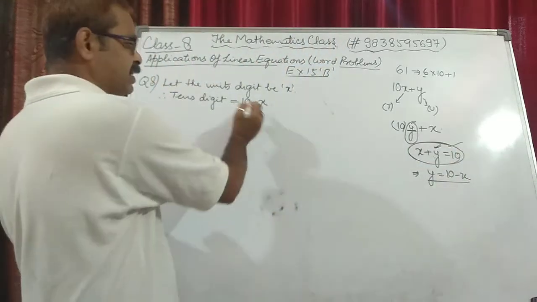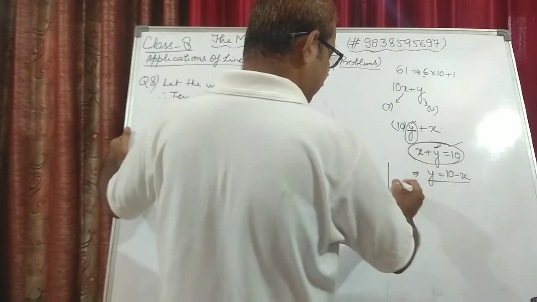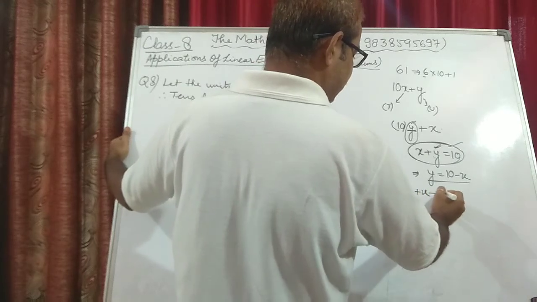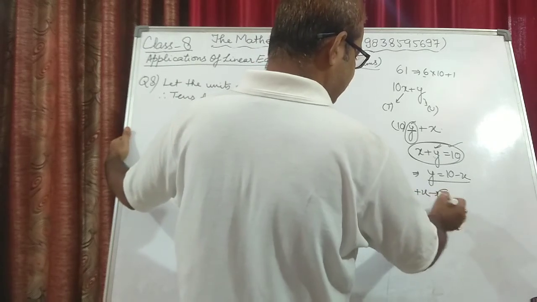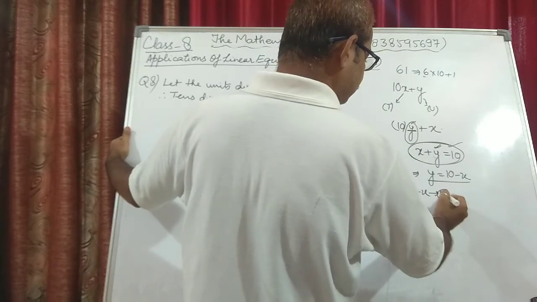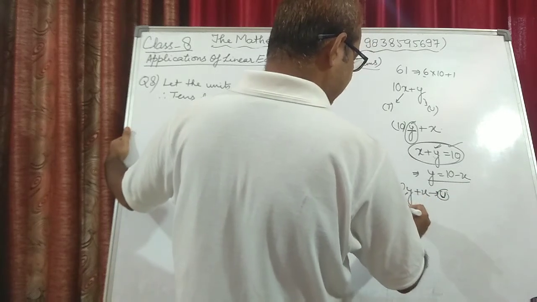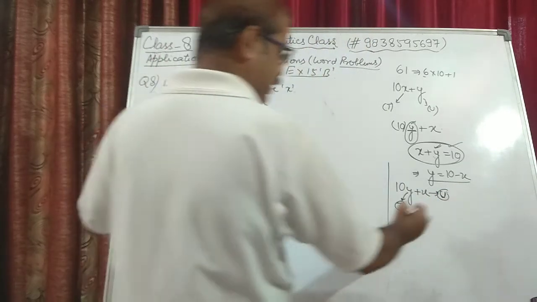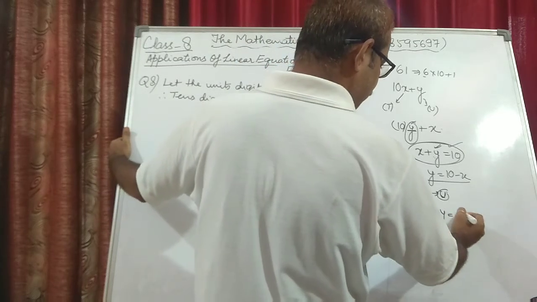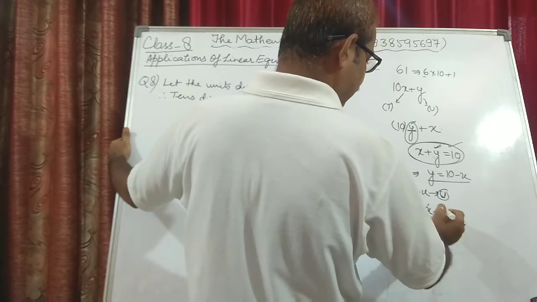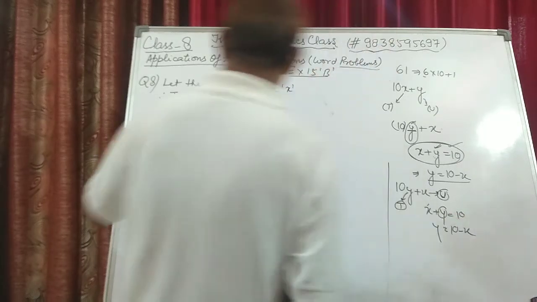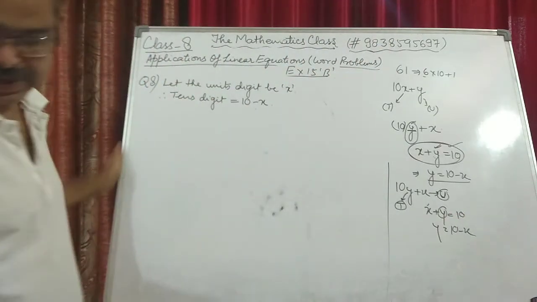Means I have considered a number 10y plus x, where this is the tens digit and this is the units digit. So they say that the sum of the digits means x plus y is equal to 10. So this has already been assumed, so the value of y will become 10 minus x. So that is why the tens digit is 10 minus x.